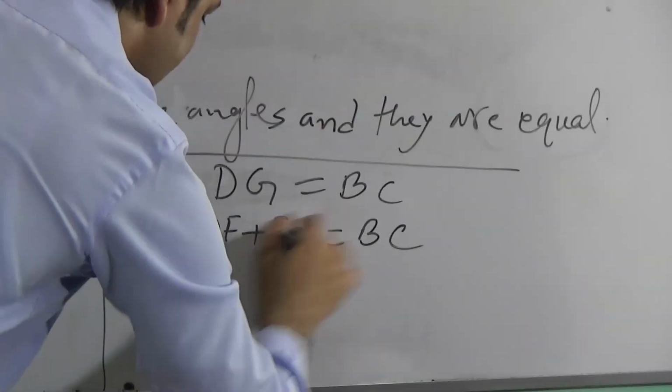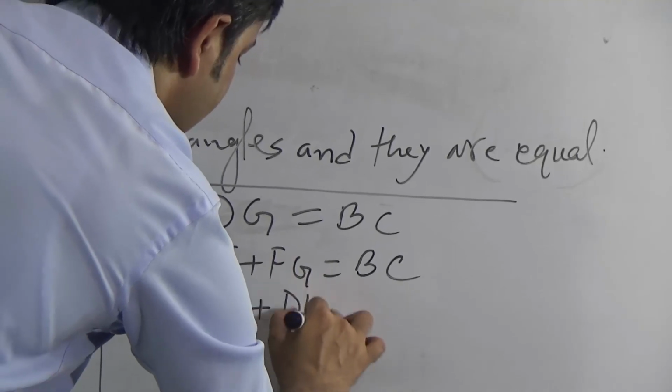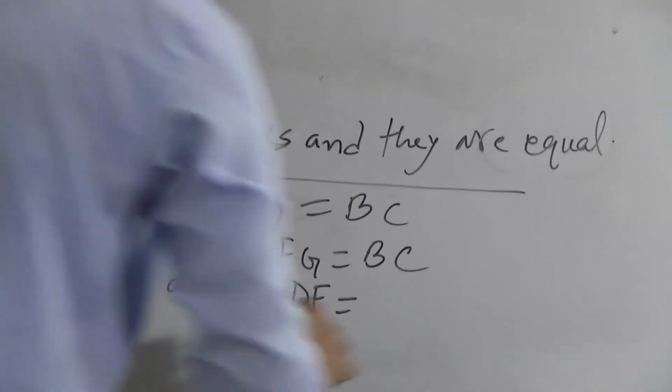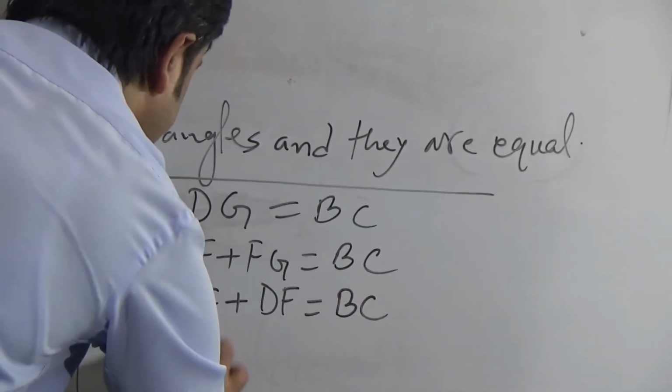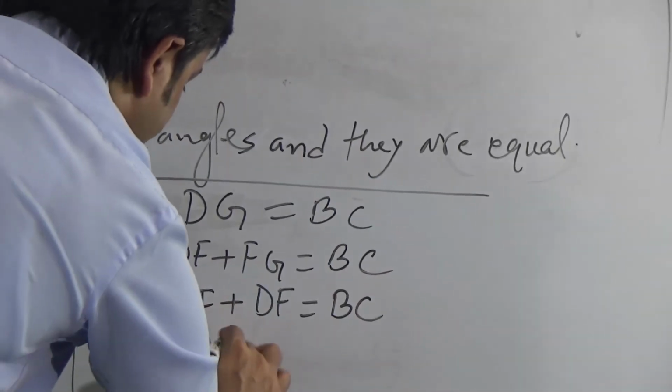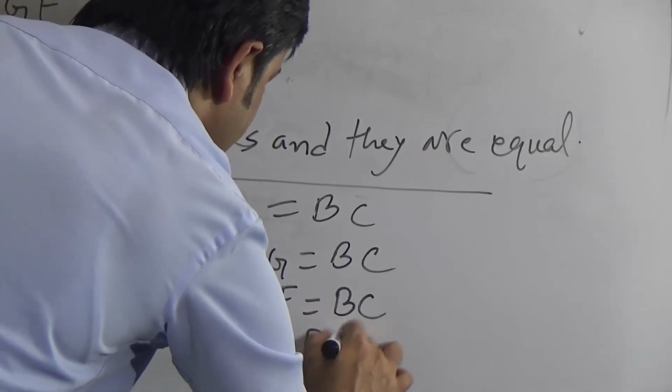So we can replace FG by DF. DF plus DF is equal to BC, or DF plus DF means 2DF. 2DF is equal to BC.